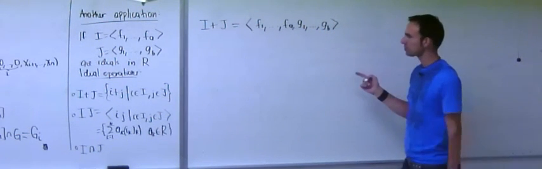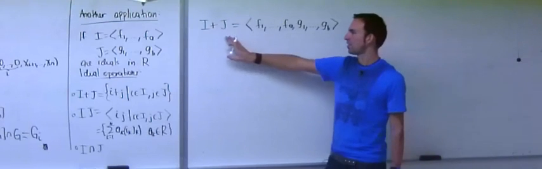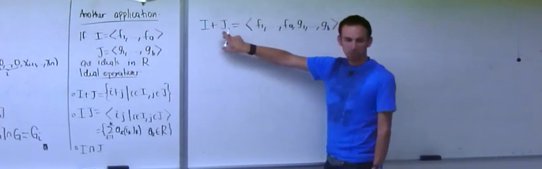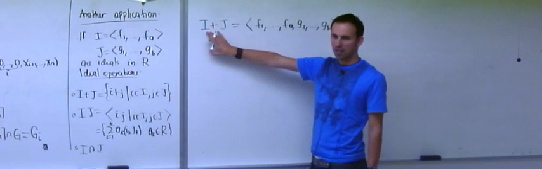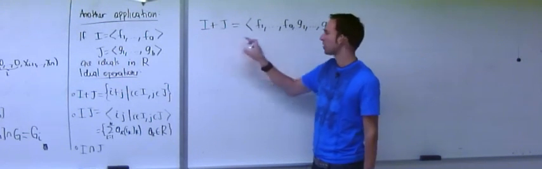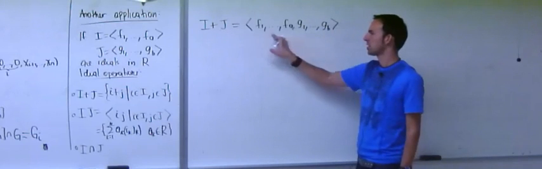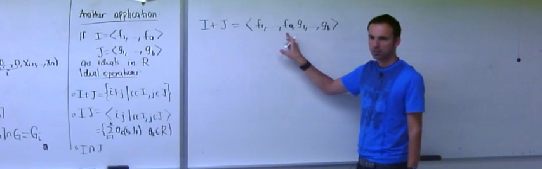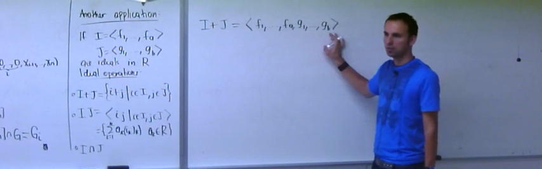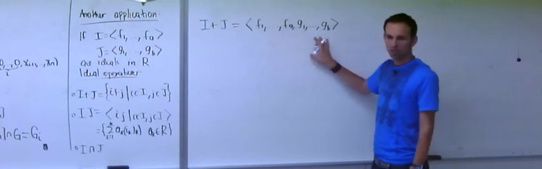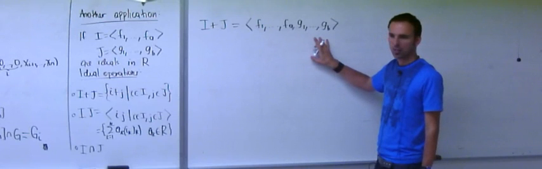So here the point is that, first of all, 0 is in J, and that means that the ideal I is in here. So all of these guys should be inside the ideal, and I can throw them in as generators. By the same reason, J should be in here, and so all of these guys I should throw in as generators. But the point is that with this and this, I can generate anything in I plus J.